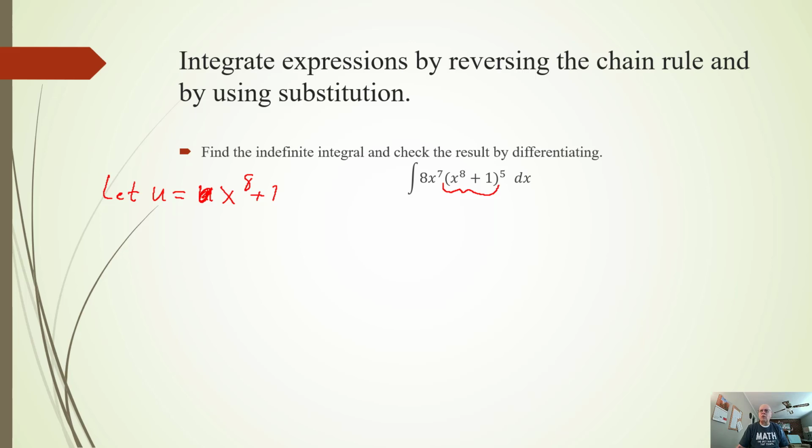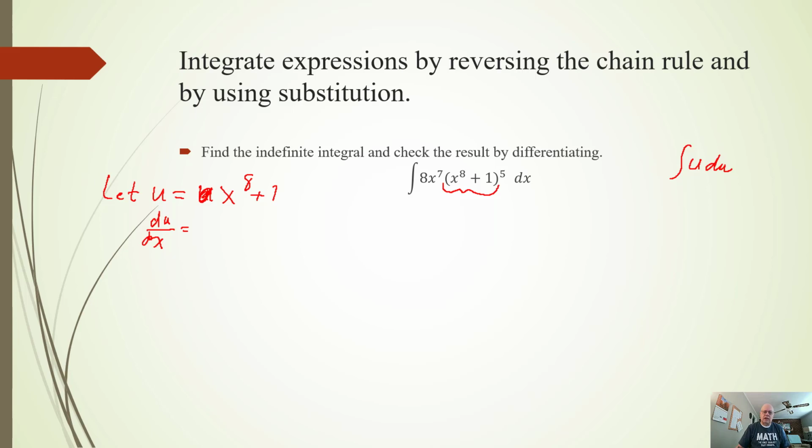Now, while we've got this substitution started, we're going to also differentiate it because we're going to need that anyway. Because remember, we're going to look toward getting something like this. So we need this differentiated.